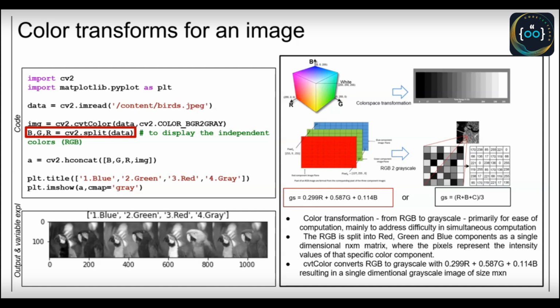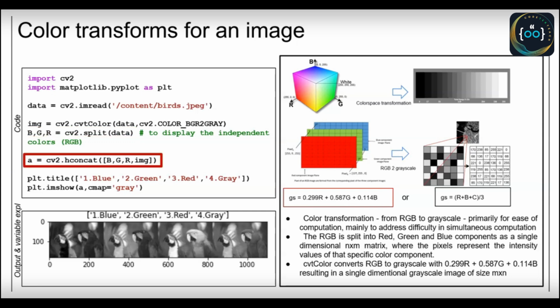Next, we split the color image into its three color components: blue, green, and red. After this, B, G, and R are each a two-dimensional matrix of size m by n, where each element in the matrix represents the intensity of that color in the corresponding pixel of the image.